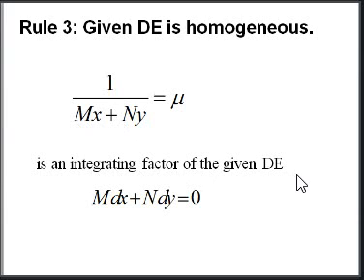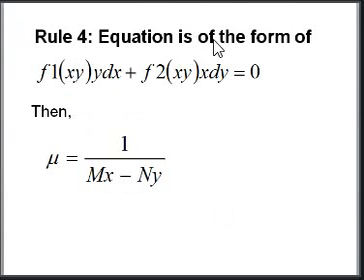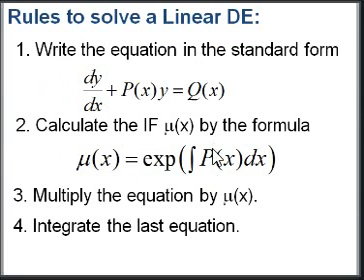Rule number 3: if the given differential equation is homogeneous, then 1/(Mx + Ny) is an integrating factor of the given differential equation M dx + N dy = 0. And rule number 4: if the equation is of the form f1(xy) y dx + f2(xy) x dy = 0, then μ = 1/(Mx − Ny).